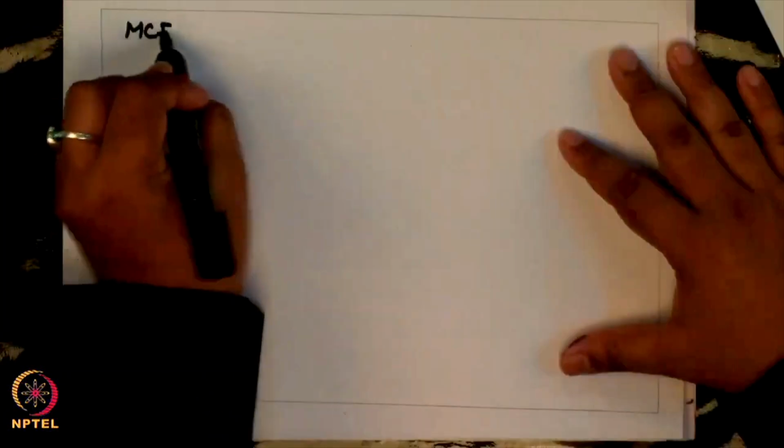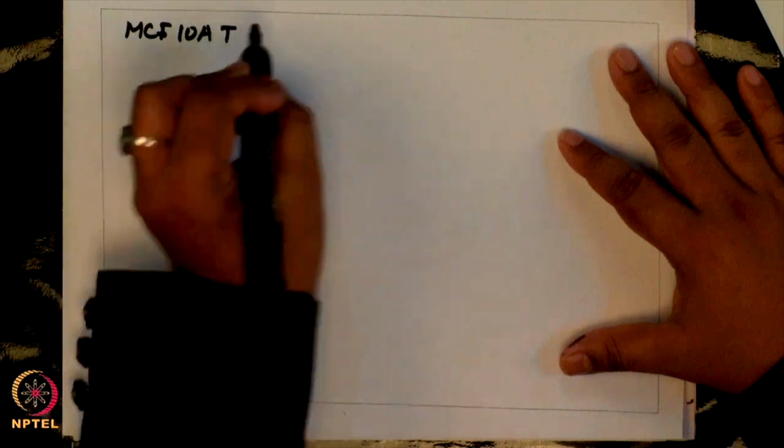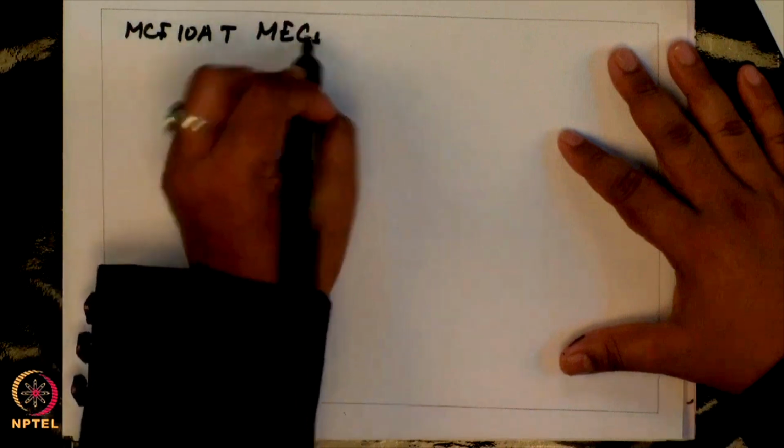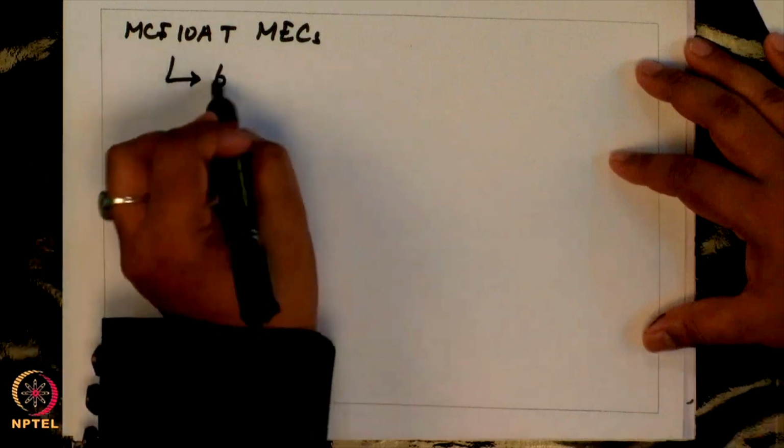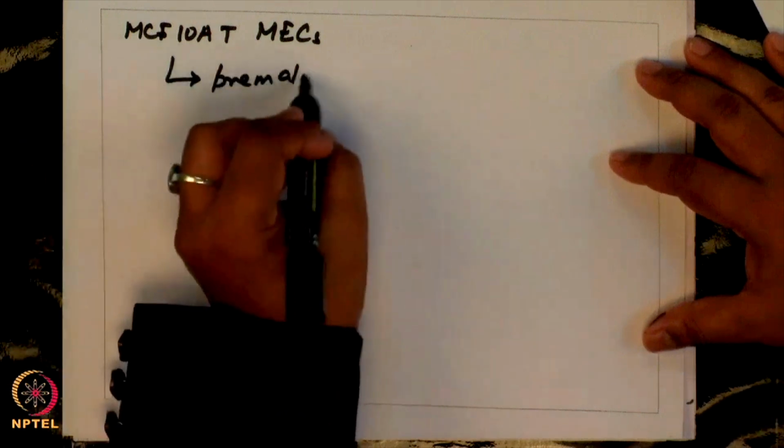In this model, when they injected MCF 10A mouse embryonic mammary epithelial cells, these form pre-malignant tissues.